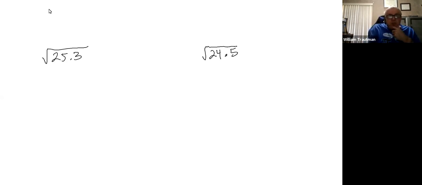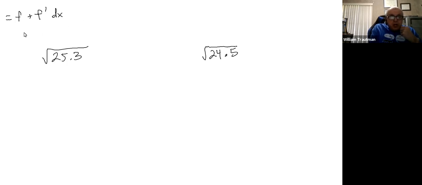So the formula for this is the function plus the derivative of the function times dx. So this is the formula.